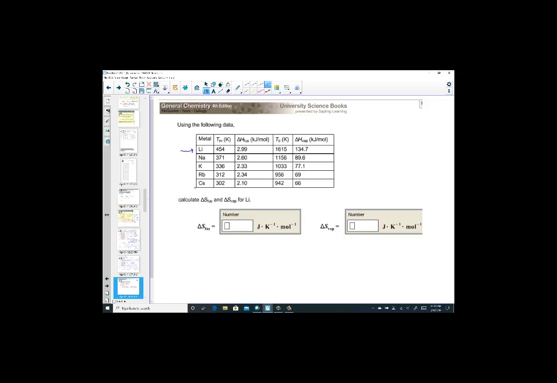Now really, I just want to think about the units. To solve for the delta S of fusion, we want to end up with joule per Kelvin mole, the units for entropy. The heat of fusion right now is 2.99, and that's given to us in kilojoules per mole. The temperature of the heat of fusion is 454 Kelvin.